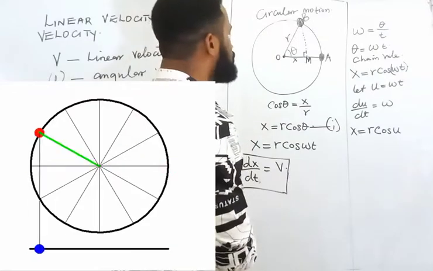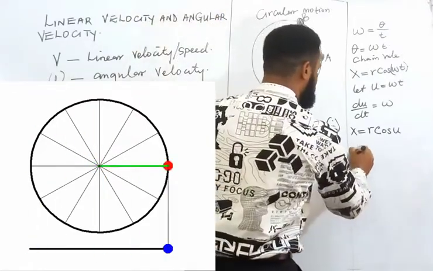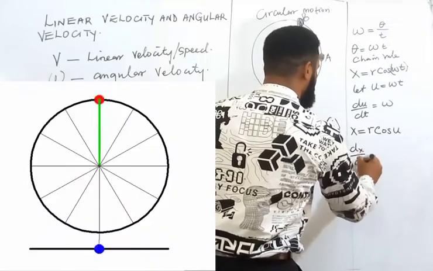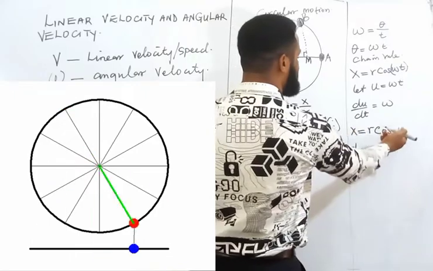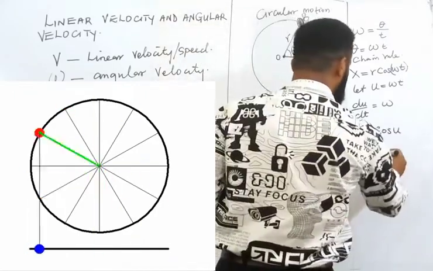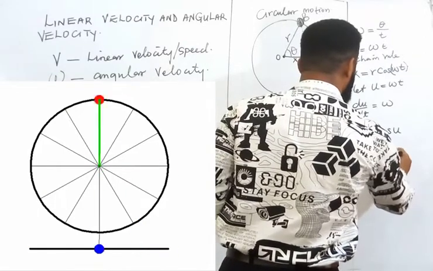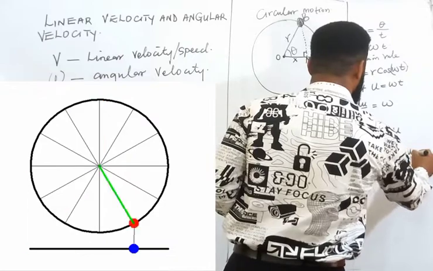This is the use of derivative for this proof. So dx with respect to u is going to be minus r sine u.